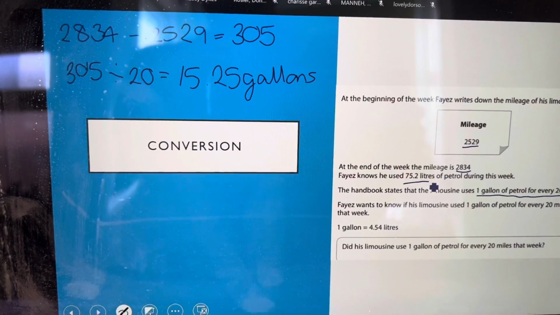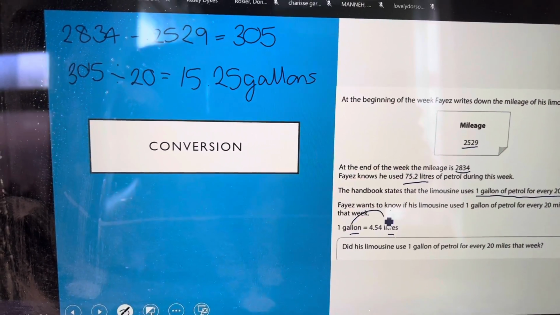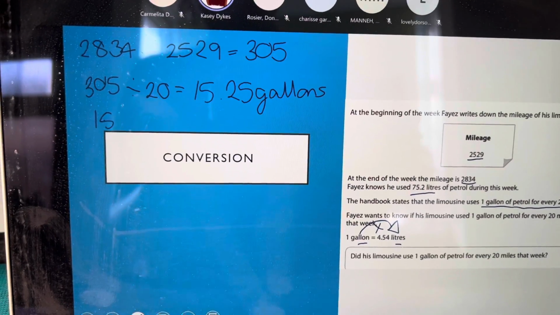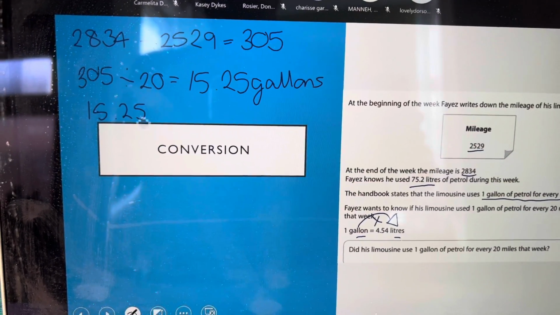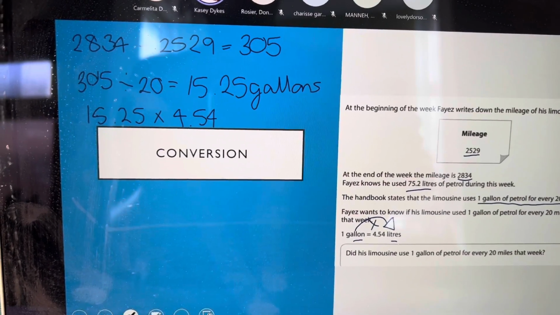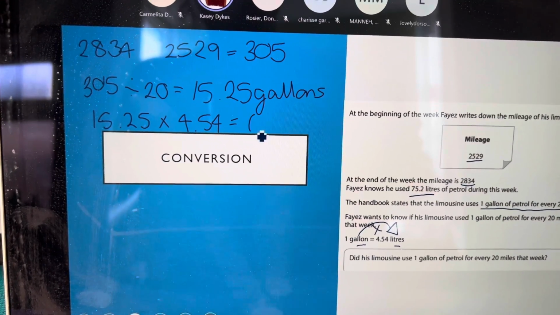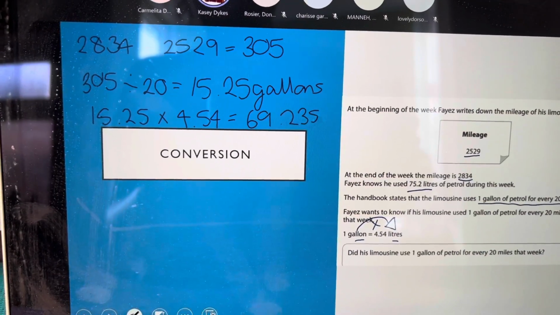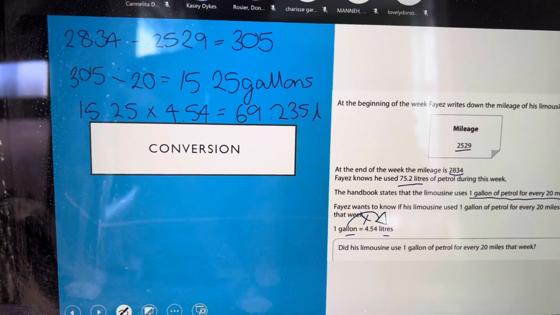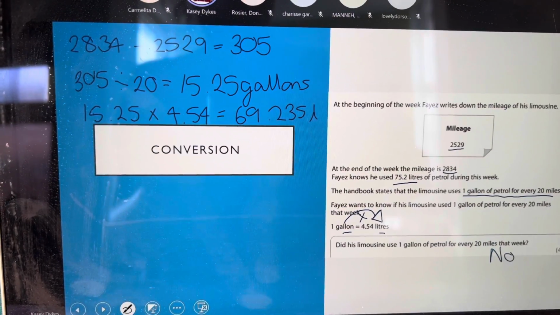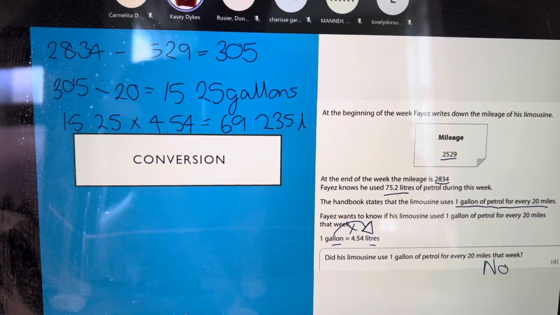I'm going from gallons to litres, I'm going left to right, so I'm going to multiply. So if I do 15.25 times by 4.54, I get 69.235 litres, so no, that's less than my 75.2, so that's not correct.